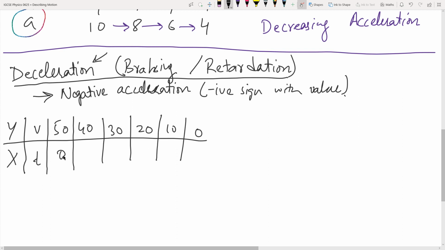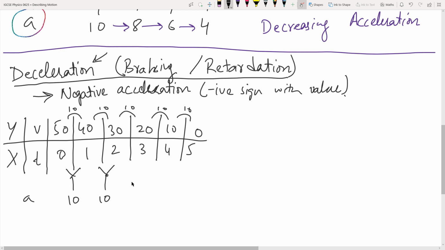So at time 0, the car was at 50 when we started the stopwatch. 1, 2, 3, 4, and 5. Again, the difference is 10, 10, 10, and 10. And once we divide it by 1 second for each of these intervals, the acceleration is actually going to be 10, 10, 10, 10, and then 10, right?